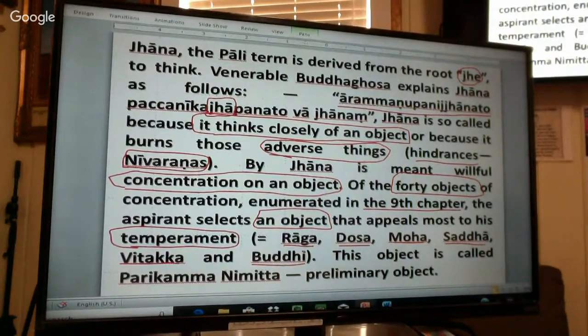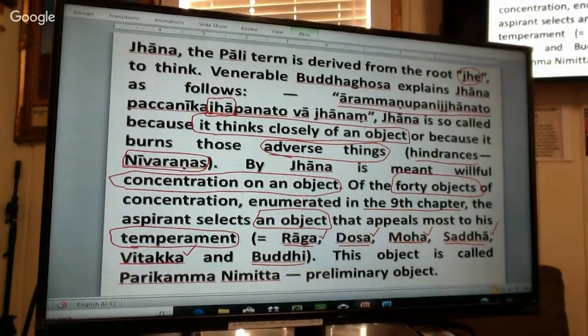Charita means temperament. Some persons have very strong attachment, some very strong anger, some very strong delusion or ignorance, some very strong confidence, and some very strong thinking.